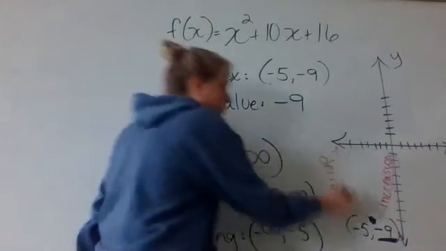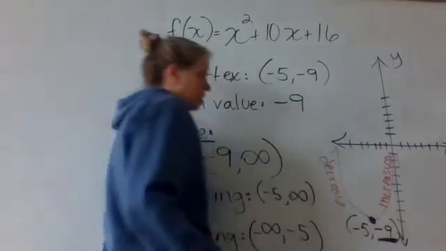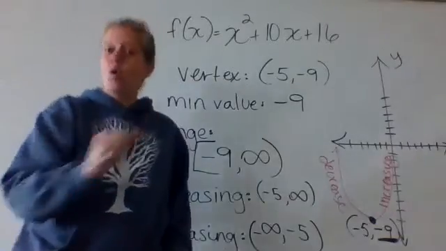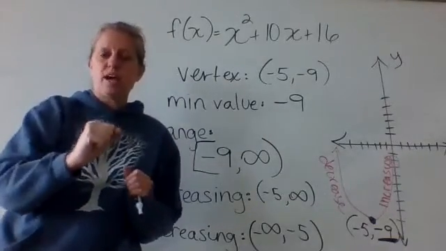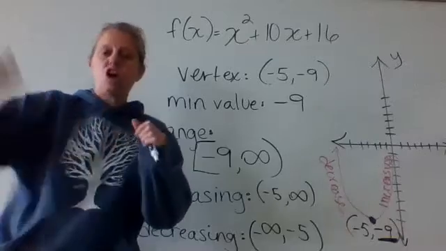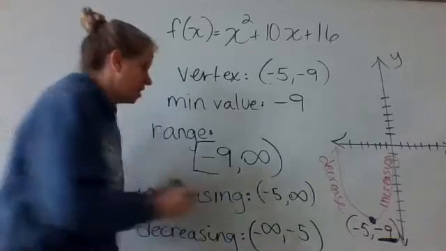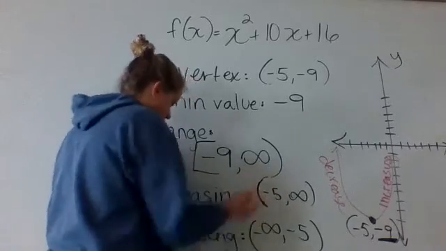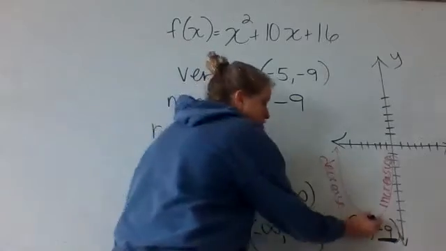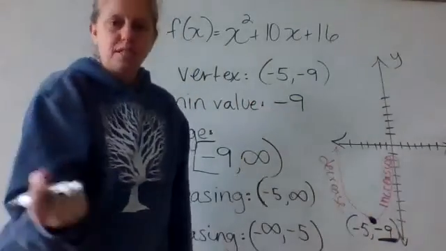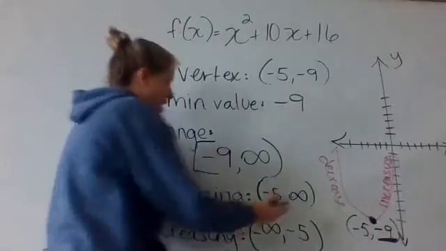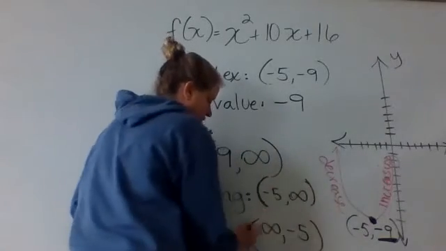Because at this point right here, you're not increasing or decreasing, right? That's the point where you stop doing both of them and start doing the other one. So that's why you don't want to include. I'm not increasing at -5. I'm not doing either one, right? I've stopped. Okay, so that's why these have parentheses around them.